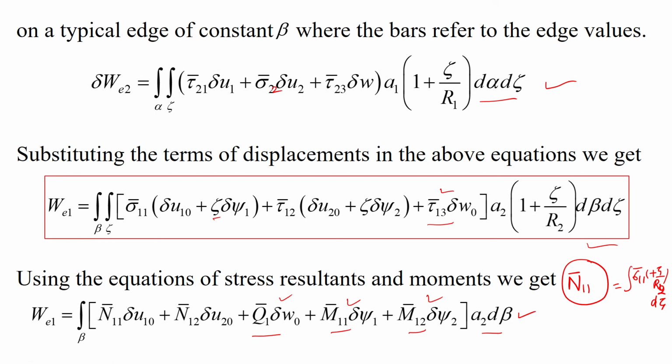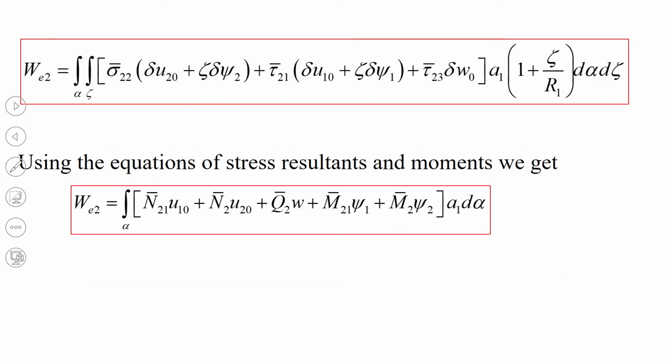So, this will be the contribution from edge 1. Then the contribution from edge 2 will be sigma 22 and so on, and if you use the concept of stress resultants and moments, it will come to N21, N22, M21 and M22 del psi, A1 d alpha.